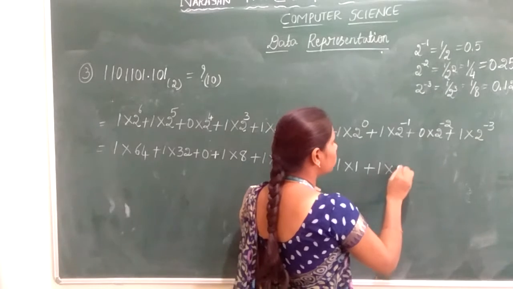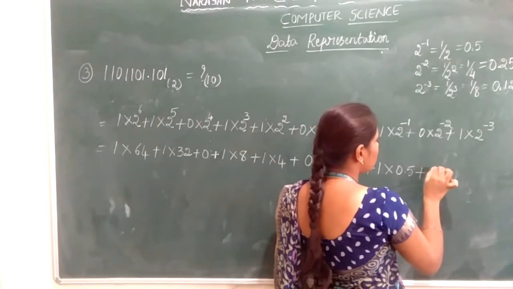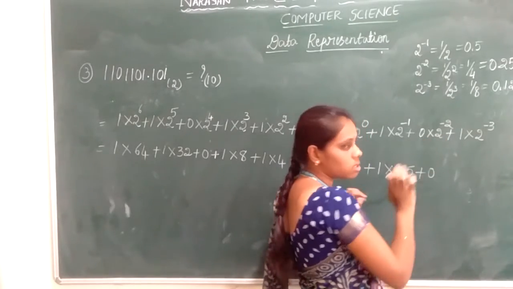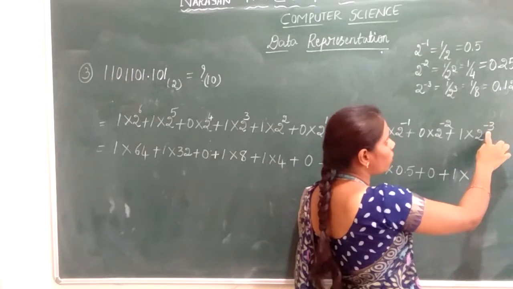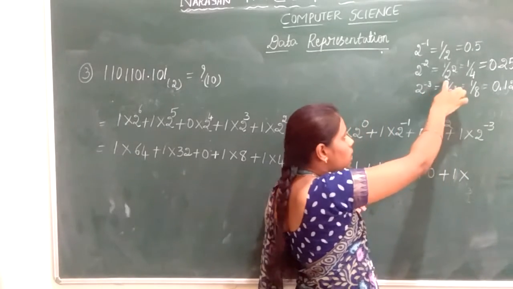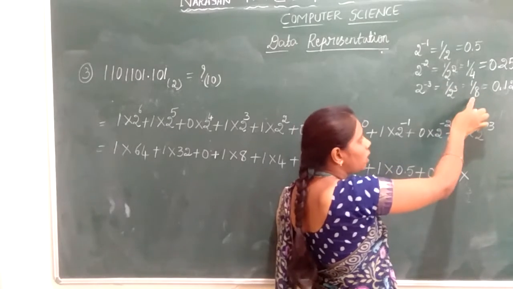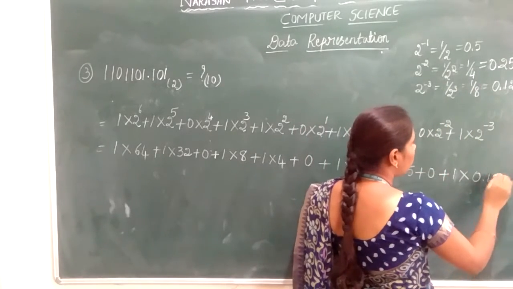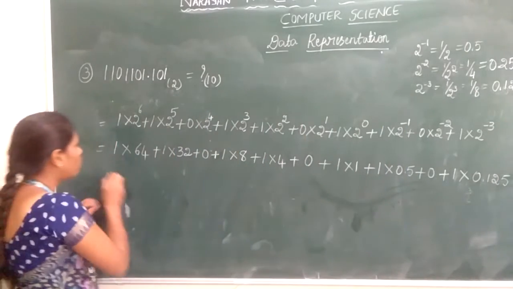So 1 into 0.5, plus 0, since anything multiplied by 0 is 0, plus 1 into 2 power minus 3. 2 power minus 3 can be written as 1 divided by 2 cube, that is 1 divided by 8. The value of 1 by 8 is 0.125.